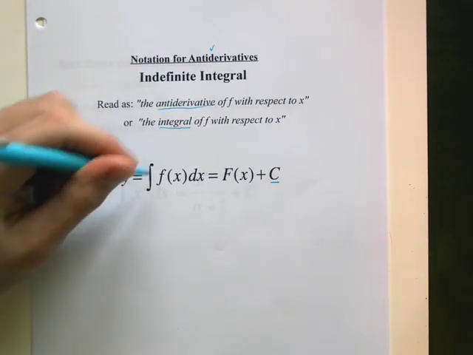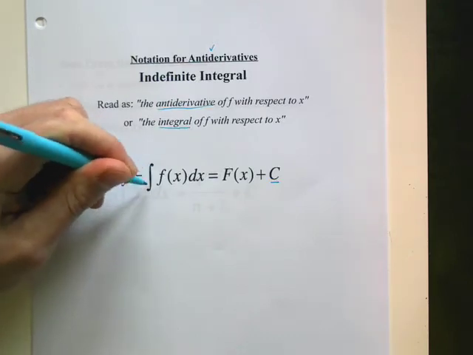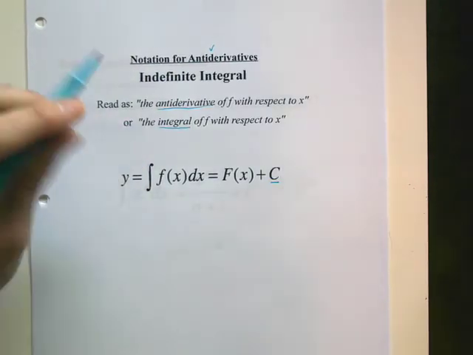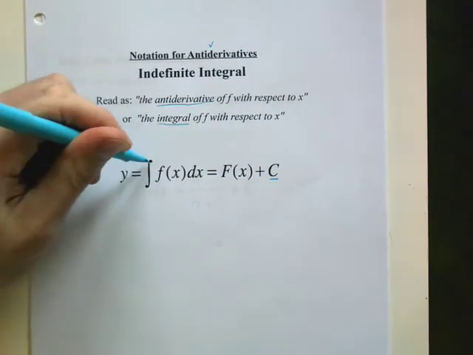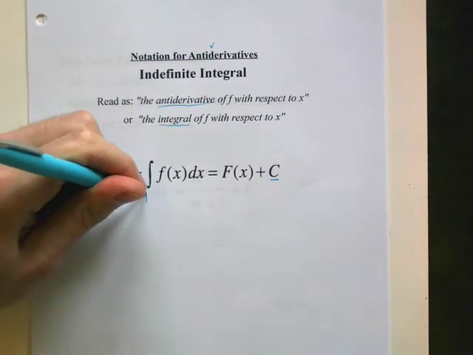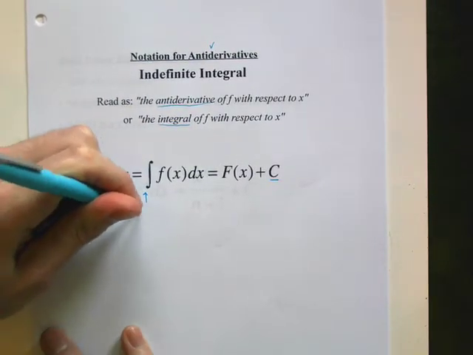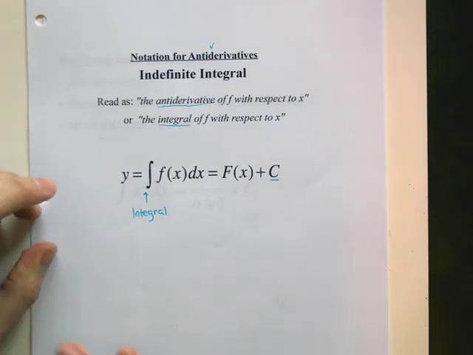So this little skinny S right here kind of looks like a music symbol or something, but this means integral. This also means antiderivative, okay? So I'm going to write right here integral or antiderivative, okay?